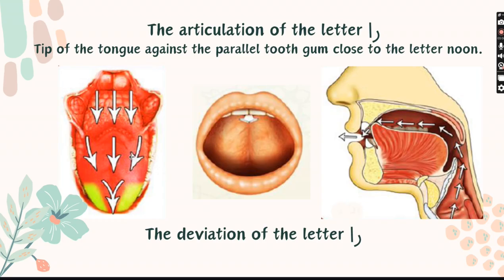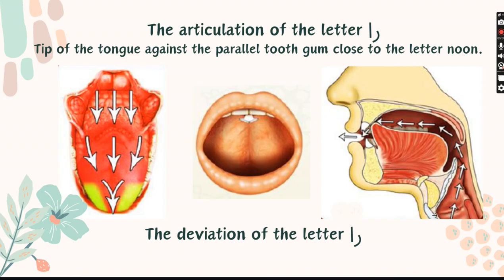In the case of the Ra, the sound deviates inwards, but in the case of the Lam, the sound deviates outwards. Now, it's very important regarding the pronunciation of the Ra to notice this small opening. We will discuss it a little bit more when we are discussing the mistakes that happen in the pronunciation of the letter Ra.